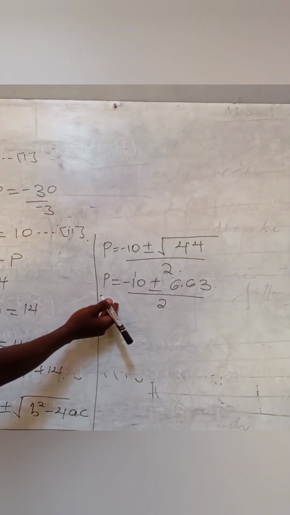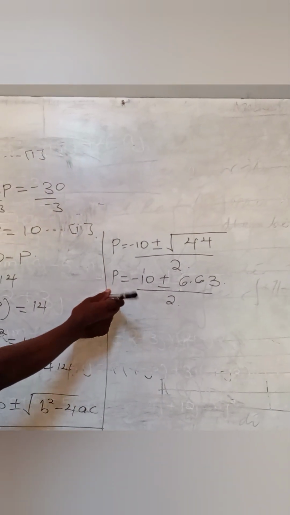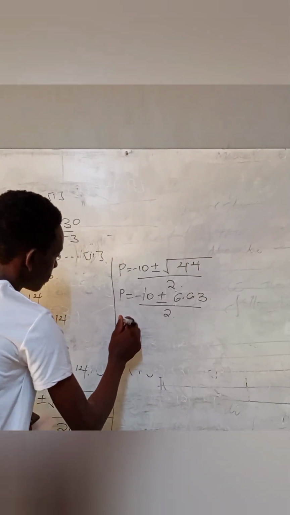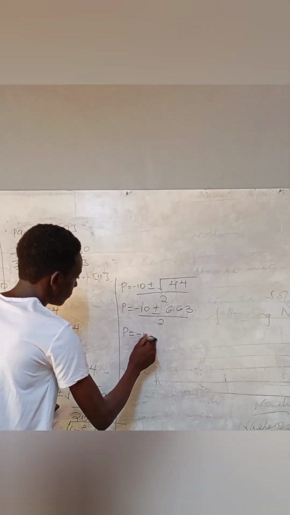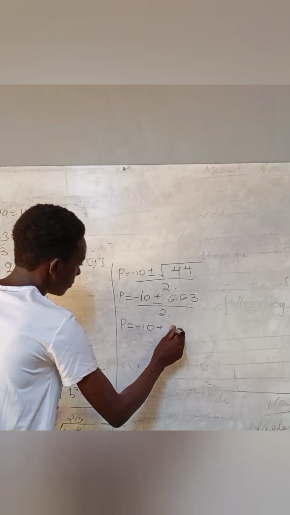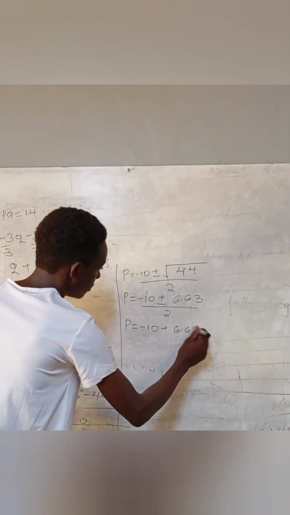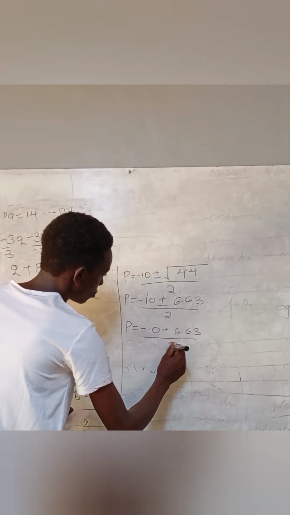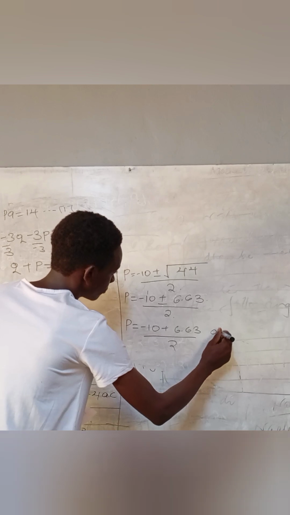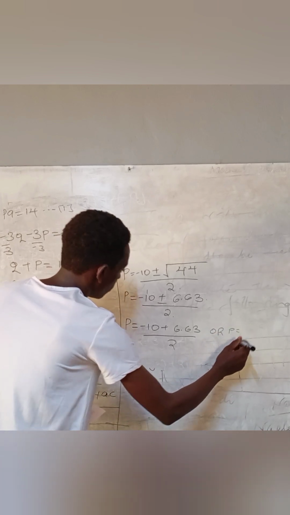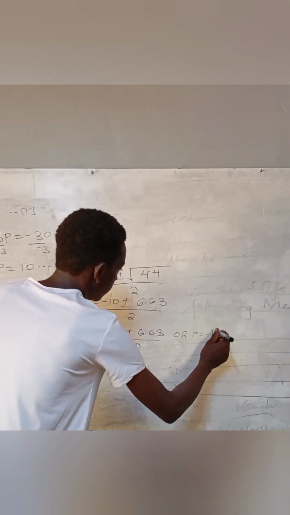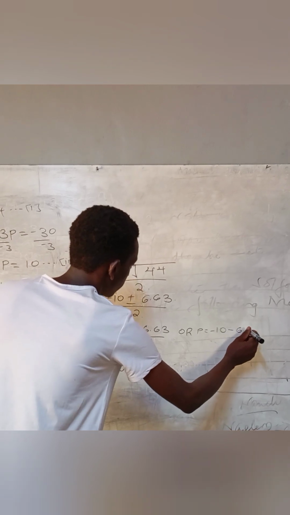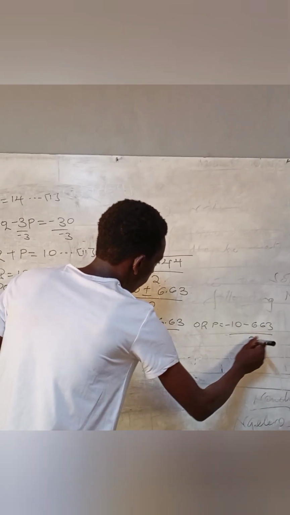So here I will have two values for p. I will have p is equal to 10 plus 6.63 all over 2, or p is equal to 10 minus 6.63 all over 2.